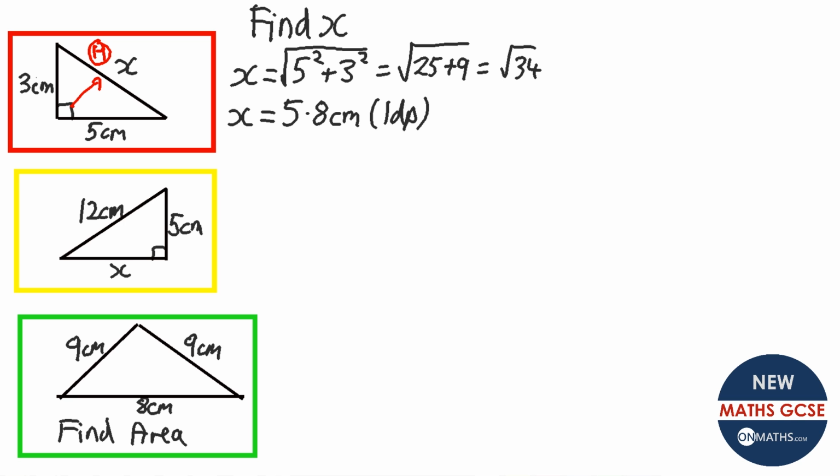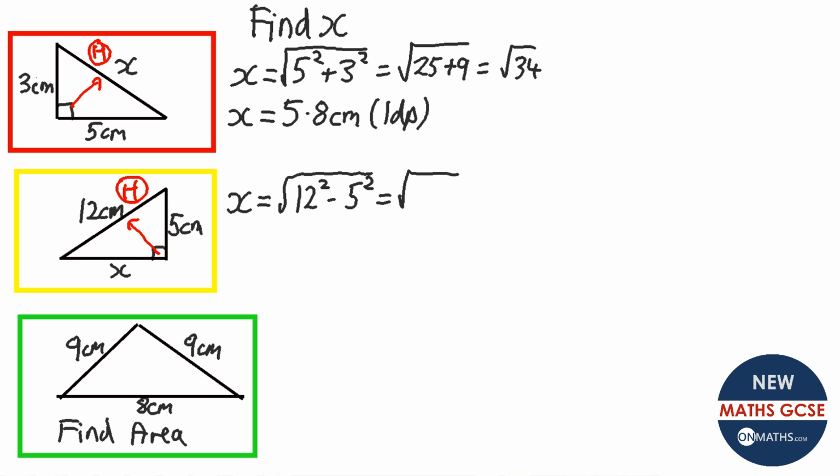Okay, next one. So we're going to find out where the right angle is, which is here, and go opposite it, and that's the hypotenuse. So same again, x equals, and we're going to do 12 squared because it's the biggest, and 5 squared. This time we've given the hypotenuse, so we're going to take away and then square root.